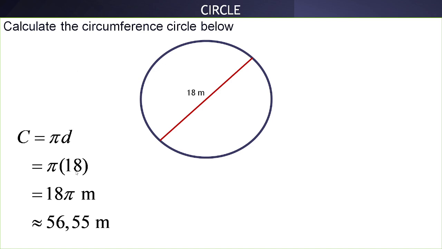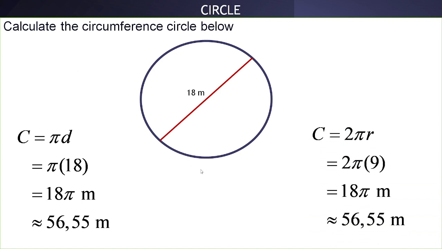So pi times 18 meters will give us 18 pi meters. If you round this off to 2 decimal places, it will give us 56,55 meters. So the circumference of the circle will be equal to 56,55 meters.